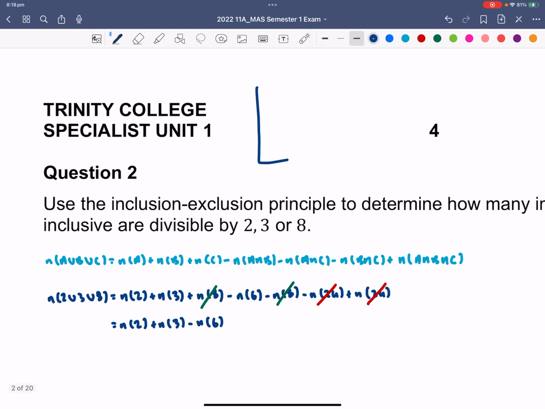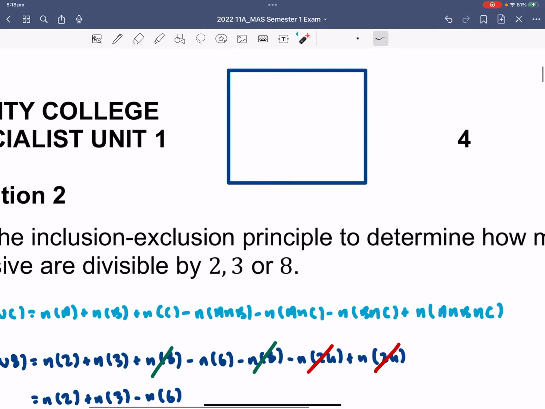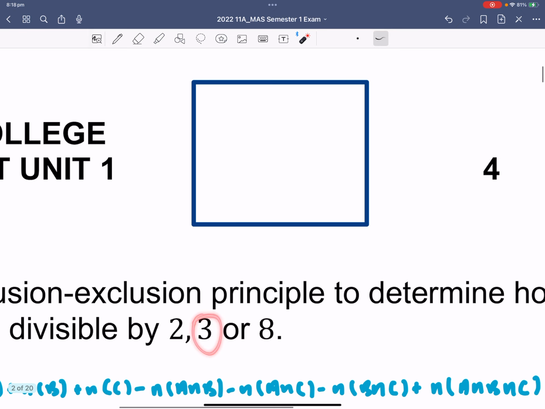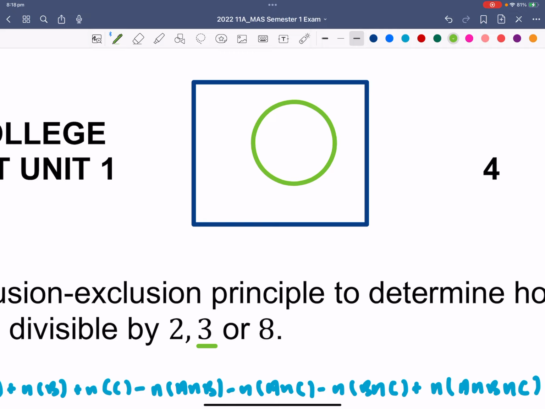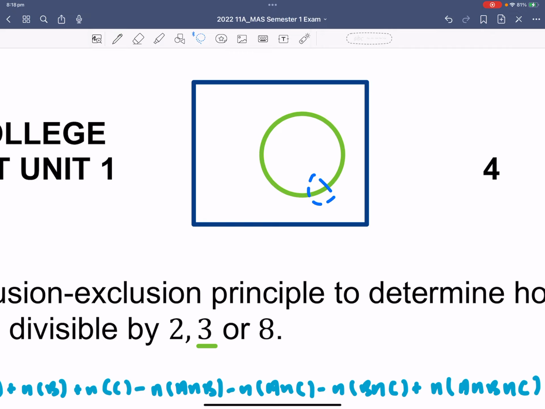If I was to draw a bit of a Venn diagram, now, do you realize that these are 3 circles? Obviously, they're 3 different events, but look at this. I mean, obviously, there's divisible by 3. So if I do the event of divisible by 3 in green, divisible by 3 is like this. All right, or divisible by 2 or divisible by 8.